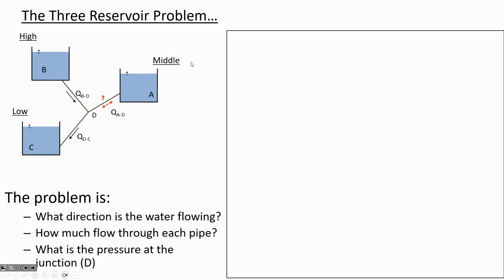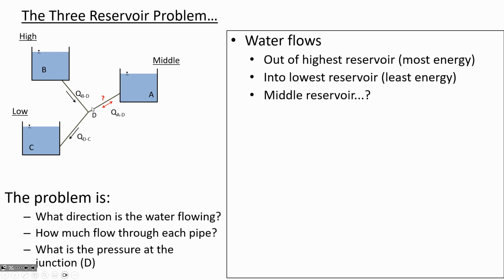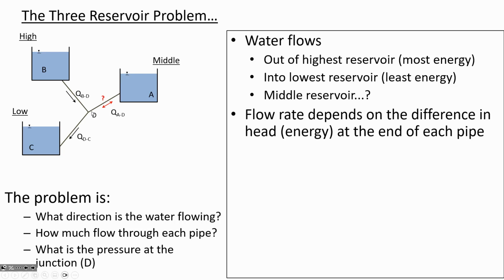So the approach that we applied in class on Wednesday was, we said we know the water flows from the highest reservoir towards the junction, and from the junction to the lowest reservoir, but it's that middle reservoir we're not exactly sure about. And the flow depends on the amount of energy at the junction, and that is determined by the head loss through each pipe.